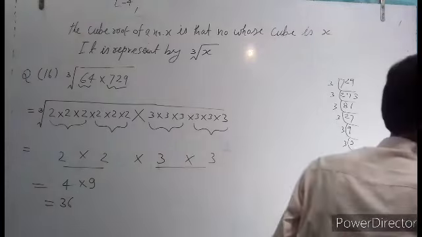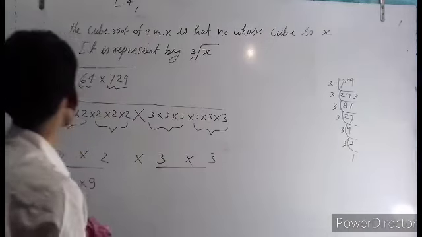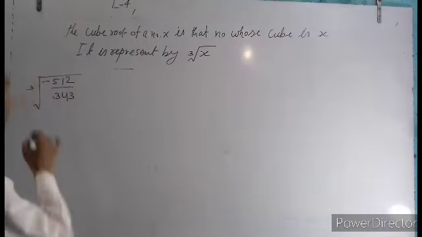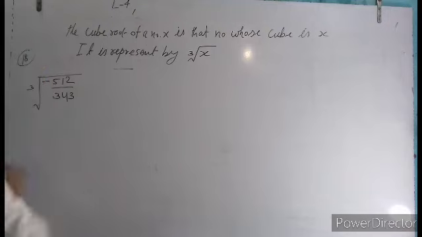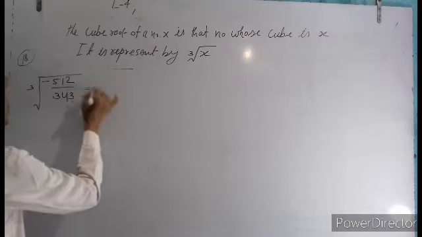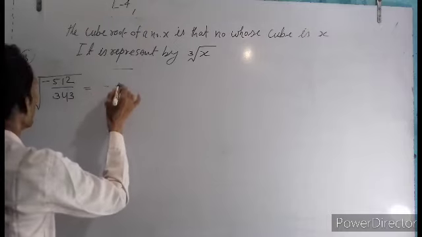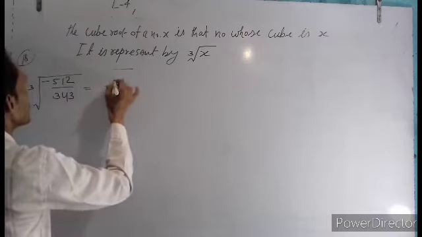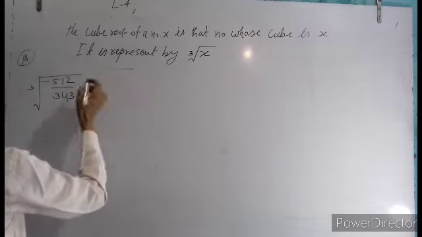Suppose you are given the fractional form. Given this question number 18, how can we find it? First take the negative sign outside. And now first do this one.